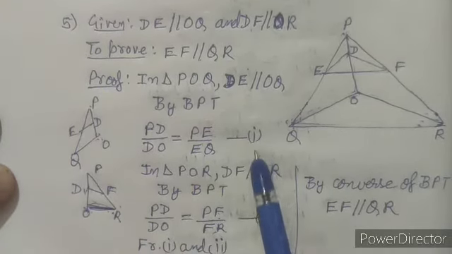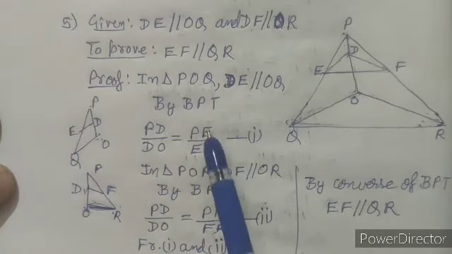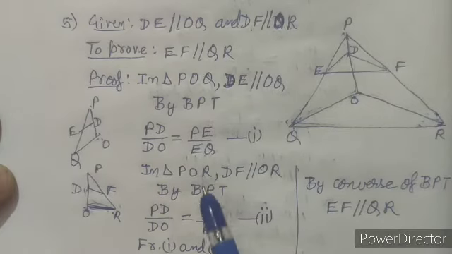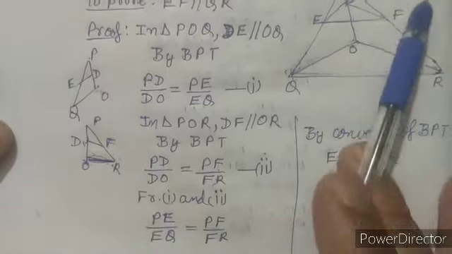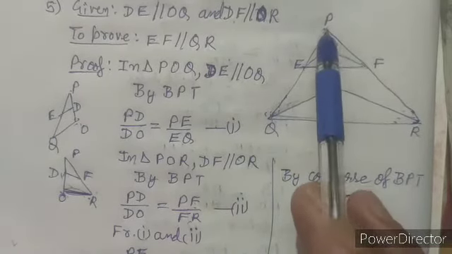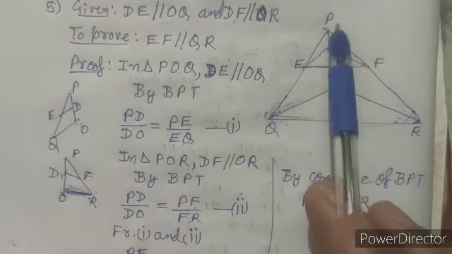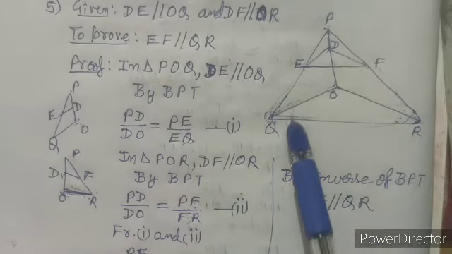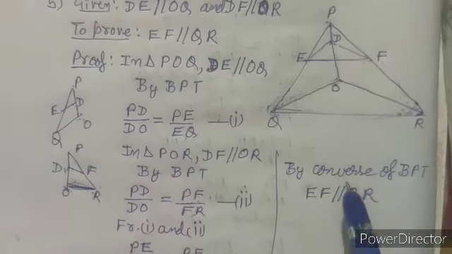If we see first and second equation, the left hand side of the equations are equal, so right hand side will be equal. That means PE upon EQ will be equal to PF upon FR. Now as we see here, if PE upon EQ equal to PF upon FR in the triangle PQR, then EF will be parallel to QR by converse of BPT.